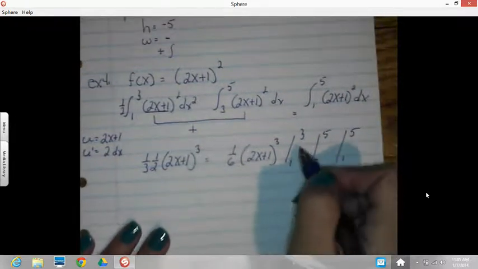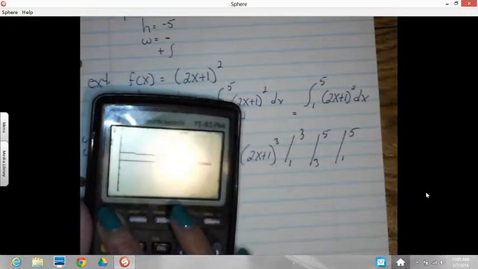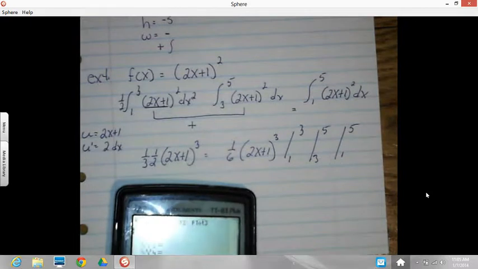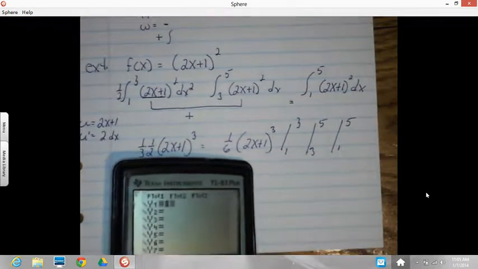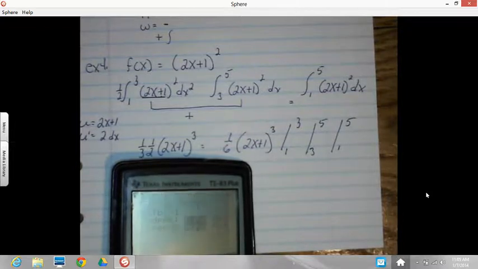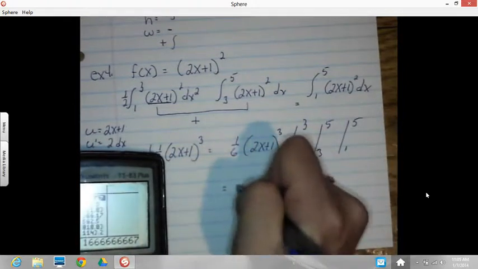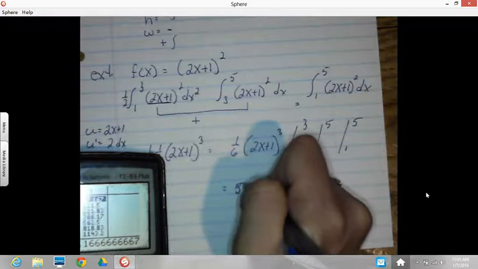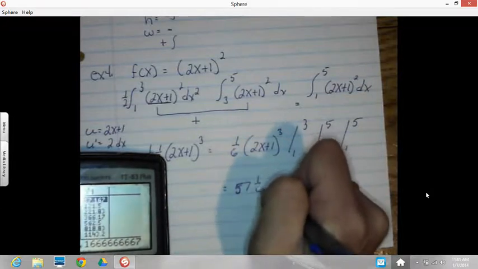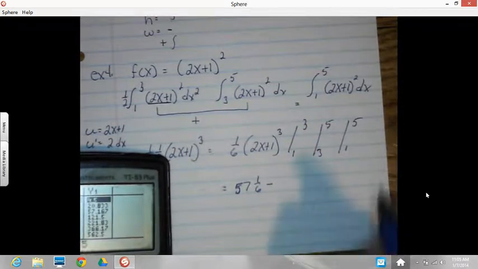So the 1 to 3, let's see, definitely going to use the table here. We came up with 1/6 quantity 2x plus 1 cubed. I want a 3. So the first one, when I plug in 3, I get 57 and 1/6 minus, putting in the 1, 4.5.